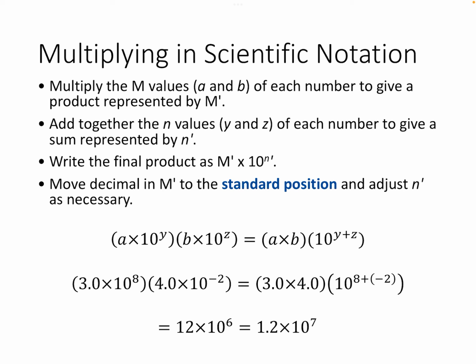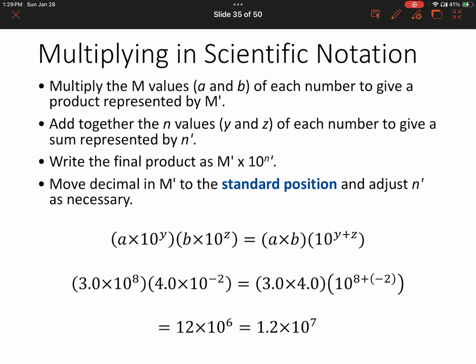And we're trying to multiply those together. So the first thing we're going to do is multiply the coefficients a and b together. And then the exponents, y and z, will be added together.